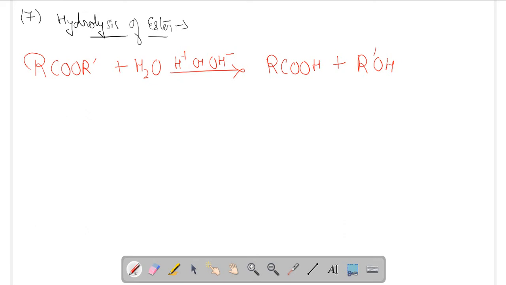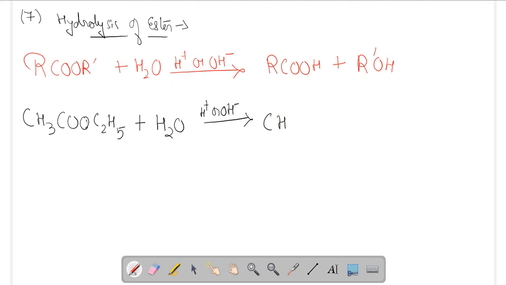Okay, so here I am taking the example of CH3 COO CH3. Achha, you have to take R dash, so I can take here C2H5, then in the presence of H plus and OH minus, the formation of acetic acid, that is the smaller chain will form the acid and the larger chain will form the alcohol. Okay, so this is the compound formation.